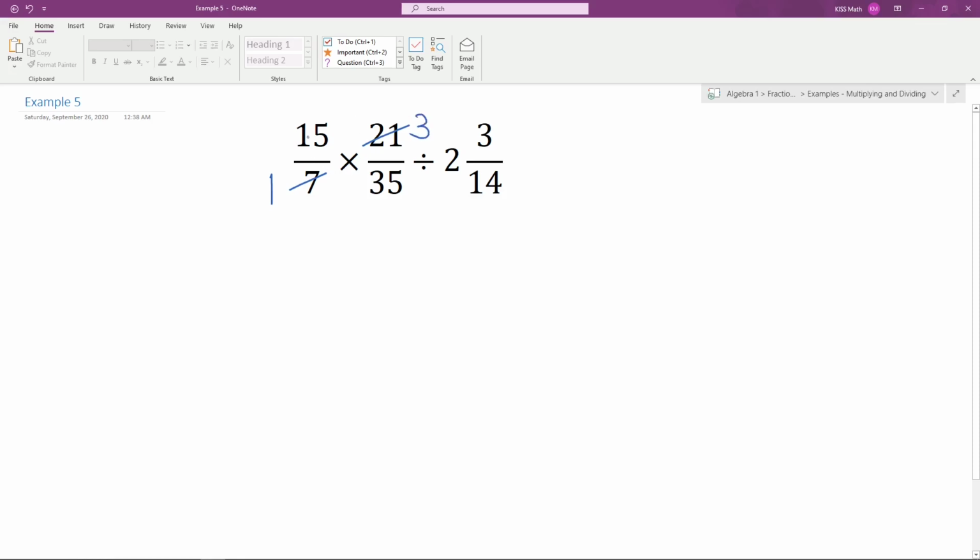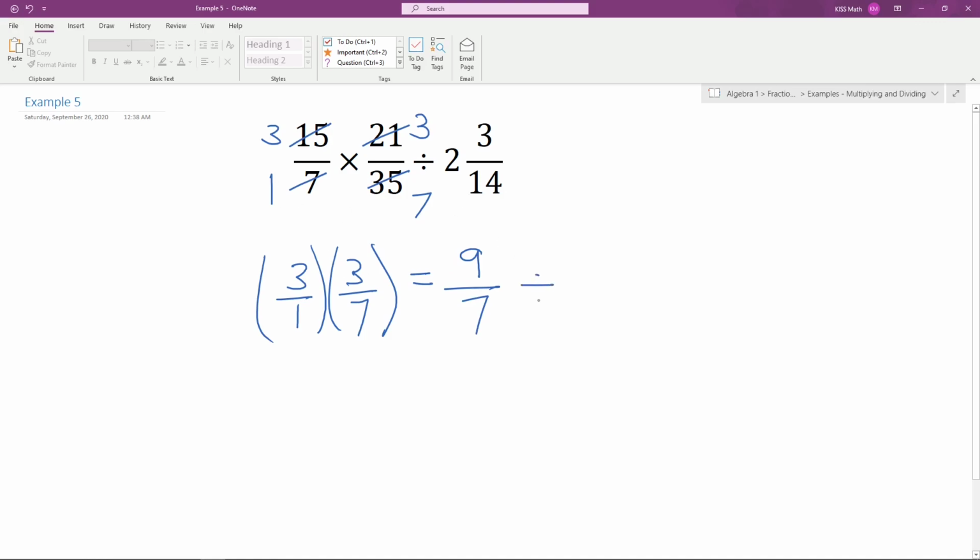And then I also see that 15 and 35 are both divisible by 5. So we get 3 here, and we get a 7 here. So these 2 fractions then end up as 3/1 times 3/7, which is 9/7.